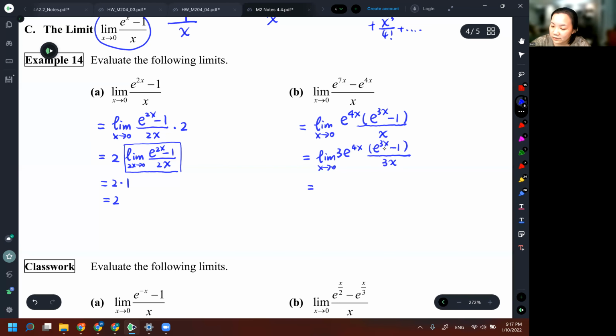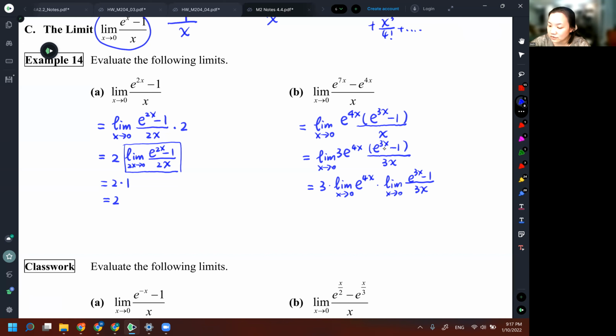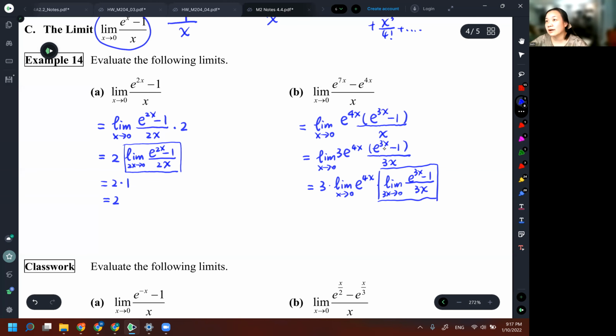And then I will have 3 in front, and then I have 2 separate limits. This one is e to the power 4x, and this one is a special limit, e to the power 3x minus 1 divided by 3x. Now here I can change x tends to 0 to 3x tends to 0, and that will fit my special limit e to the power x minus 1 divided by x.